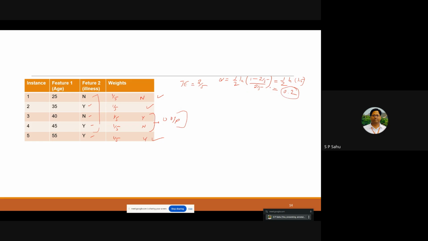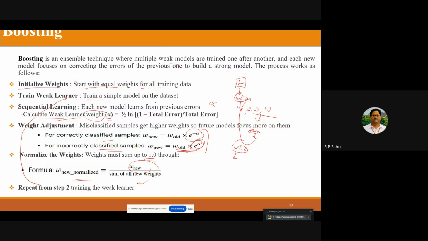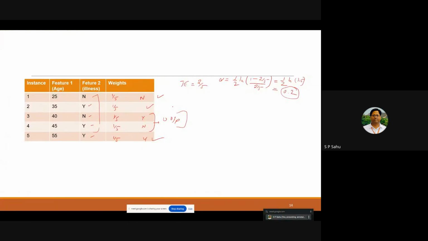So what will be the next step? The next step will be weight adjustment for the classification. For the correct response data, the weight will be updated: W new equals W old into e to the power minus alpha.